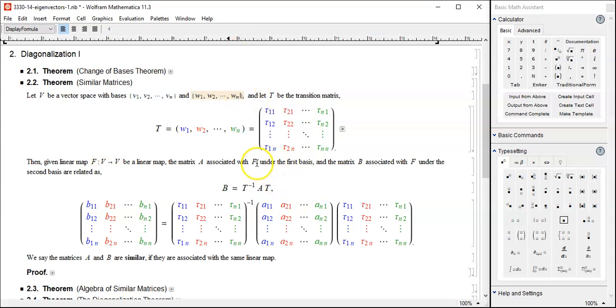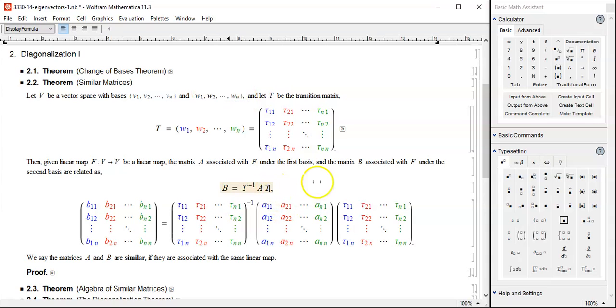So same linear map F, but we have two different matrices associated to it, A and B, because we have two different bases. A is with respect to the first basis, v1 through vn. B is associated to the same linear map, but with a different basis.